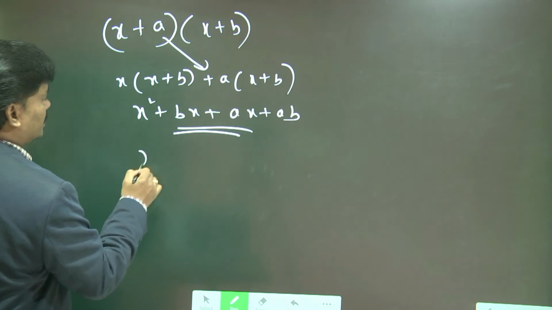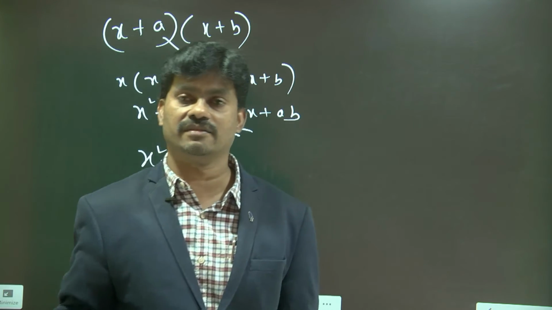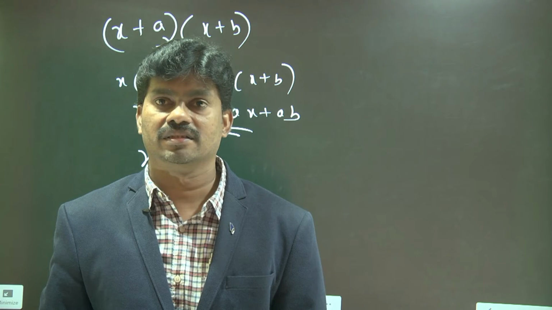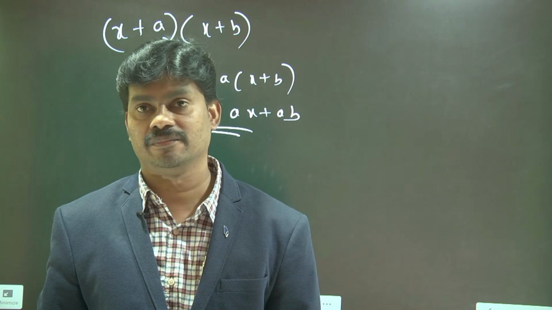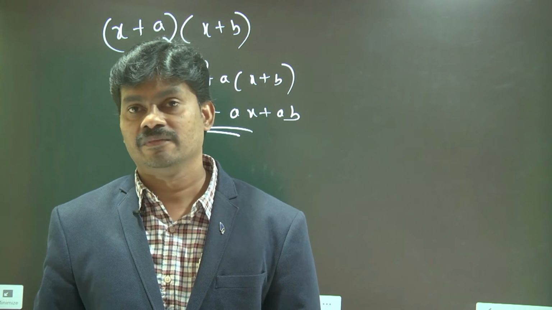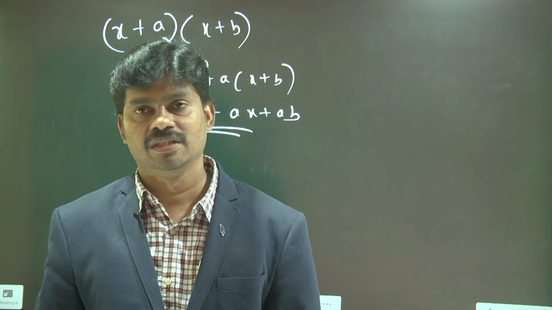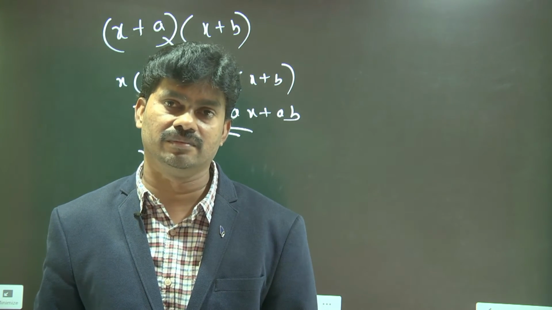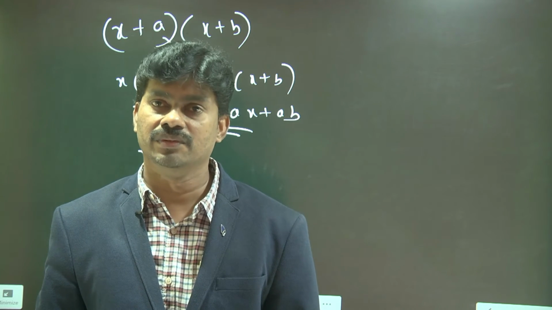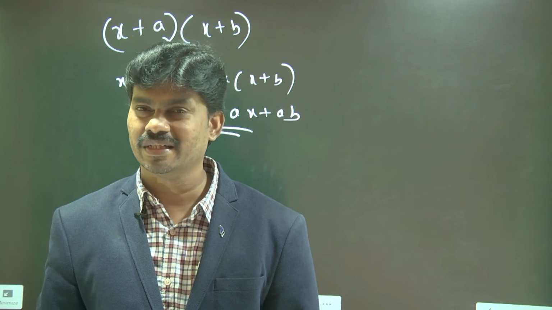In the middle two terms, they are like terms. If they are 2x plus 3x, we can add 5x and we'll write. But they are not numerals, they are literal terms, variables like ax plus bx. Suppose if I say a and b are constant, what we do? A plus b we do, no? 2x plus 3x, what we will do? 2 plus 3 we will write, and then we will write 5x. 2x plus 3x, how are we adding?